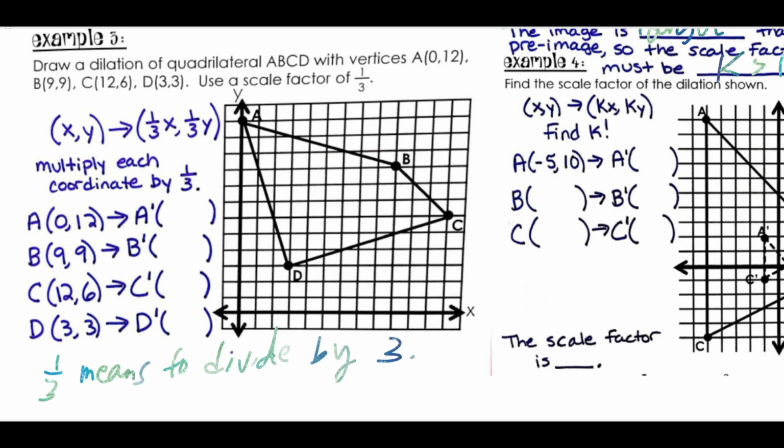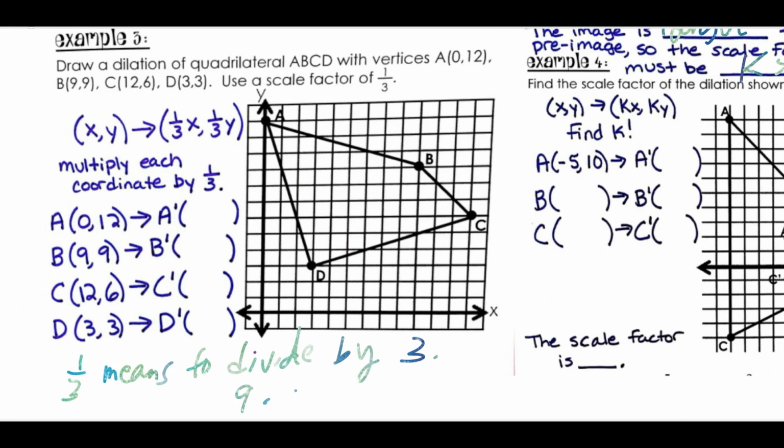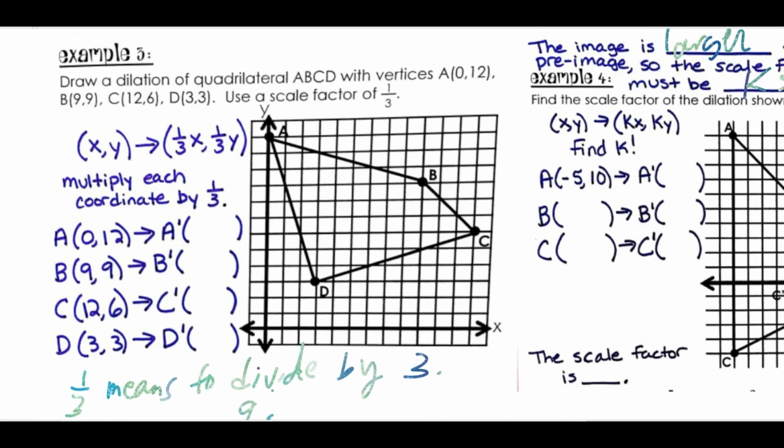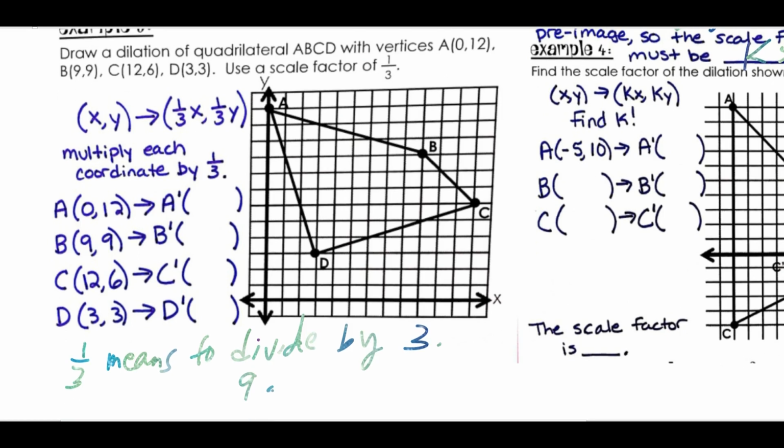If I take 9 and multiply it by 1/3, basically I'm saying 9 over 1 times 1 over 3, which is going to give me 9 over 3, which is going to give me 3.